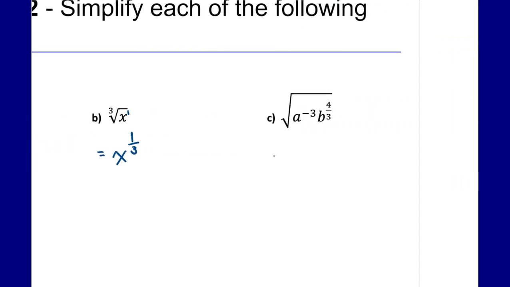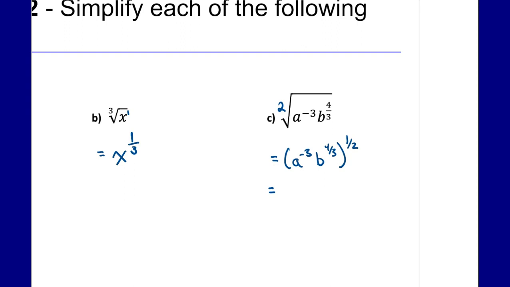C, this one is a little bit more challenging because now we're going to have to incorporate our power laws. So everything here is raised to the power of a root. We don't see anything, so we can assume it's a square root. So this is the same thing as saying a to the power of negative 3, b to the power of 4 over 3, all raised to the power of 1/2.